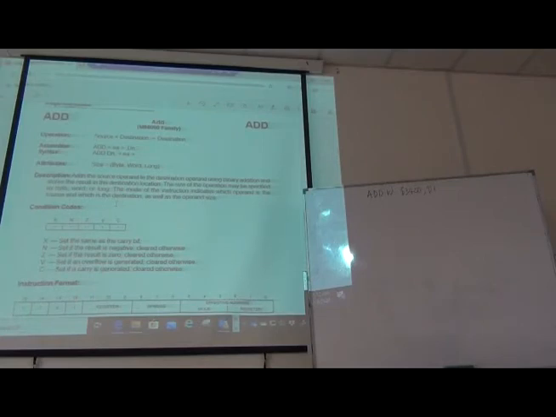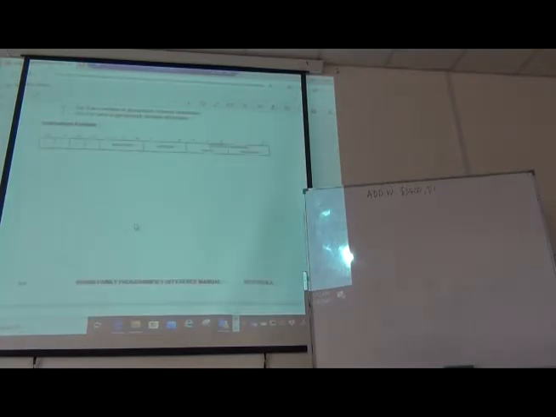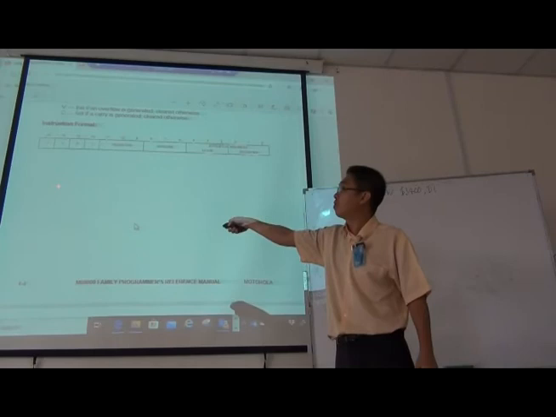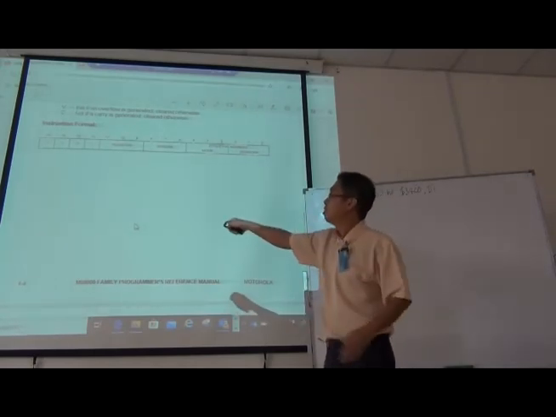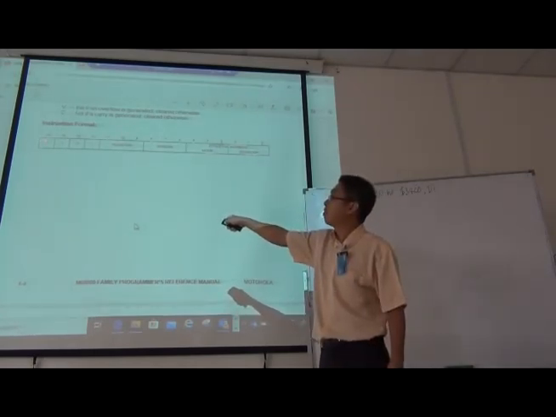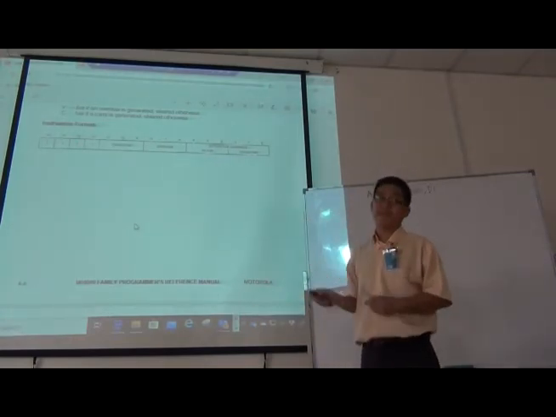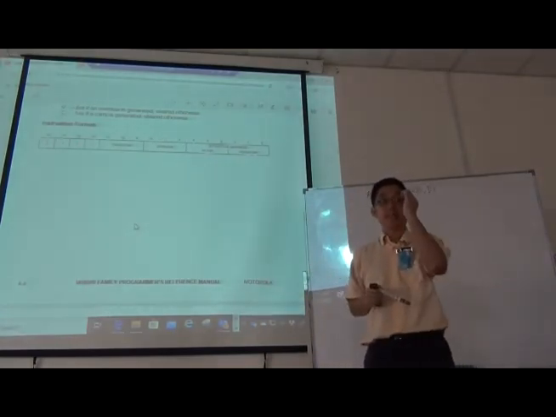But we have to look at the instruction formats here. The first four, from the left, is a permanent number, 1101.